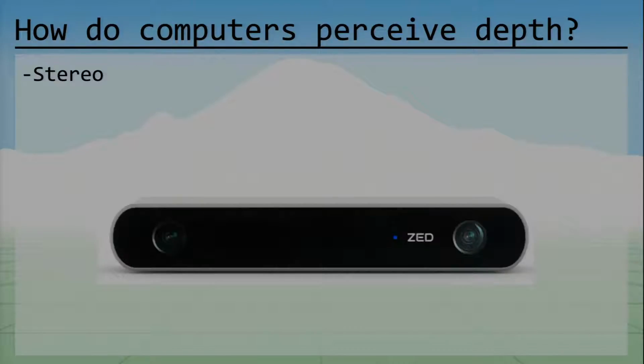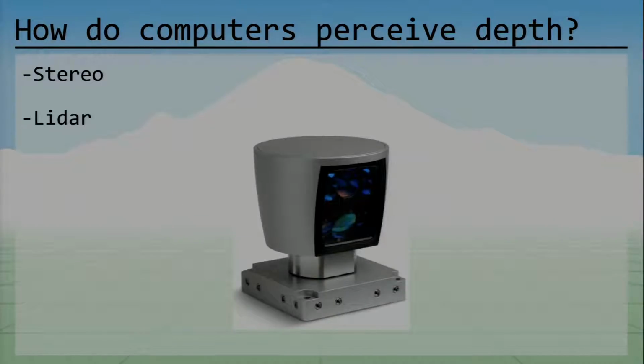So here, this is the Z camera that has two cameras and uses stereo vision to perceive depth. But another way that computers perceive depth is using LiDAR, or laser range finding. If you see any of the self-driving cars that drive around, they have those little devices that spin on the top. That's a laser rangefinder, and they use that by bouncing lasers off of objects in the environment and timing how long they take to get back, and they can tell how far away it is.